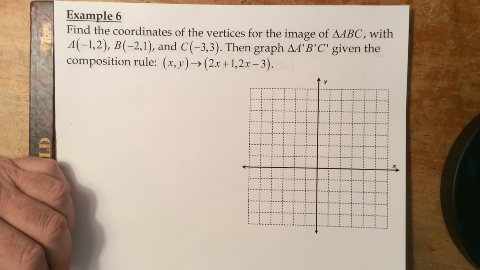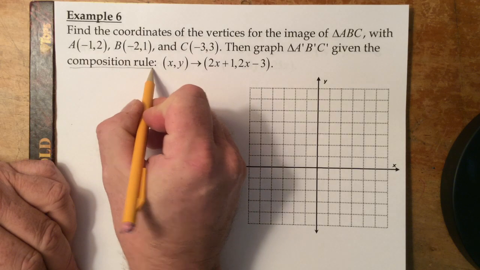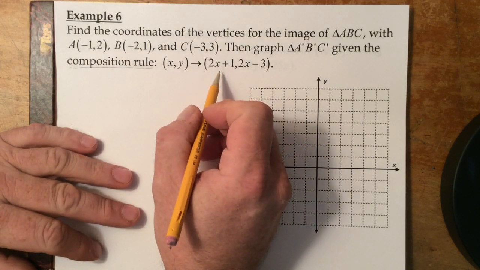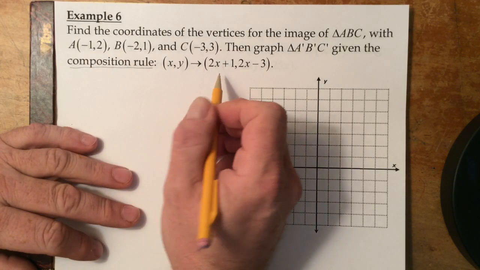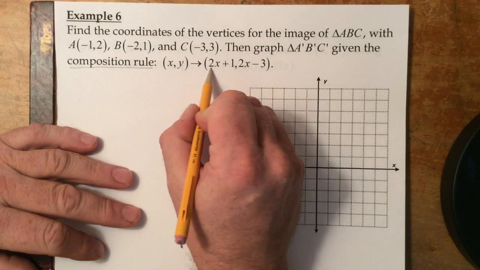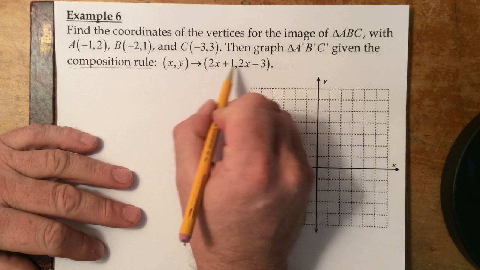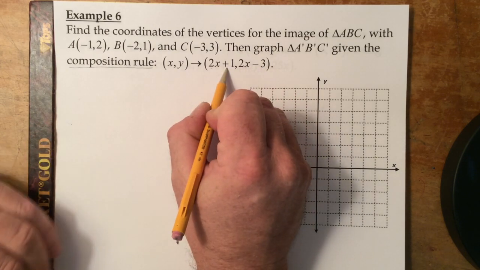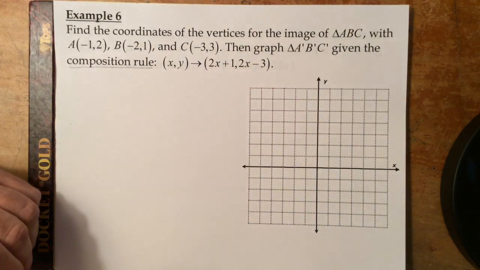Then graph triangle A prime, B prime, C prime given the composition rule (x, y) goes to (2x plus 1, 2y minus 3). And if you'll notice, we're multiplying something with the x, so that implies a dilation. And then we're adding or subtracting something, which implies some sort of translation. So let's see what happens.